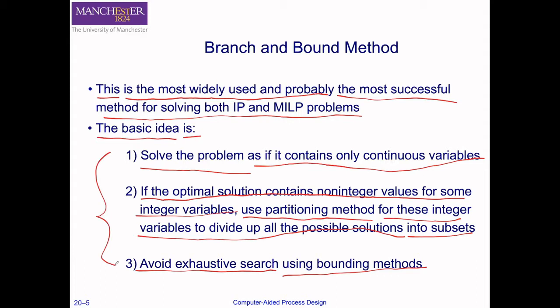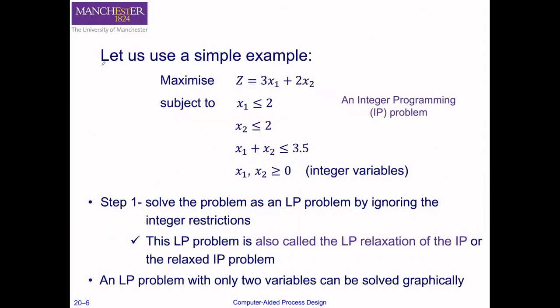How can we understand this basic idea of this method? Let's use one example to help understand the basic idea of this branch and bound method. Let's look at this simple example.